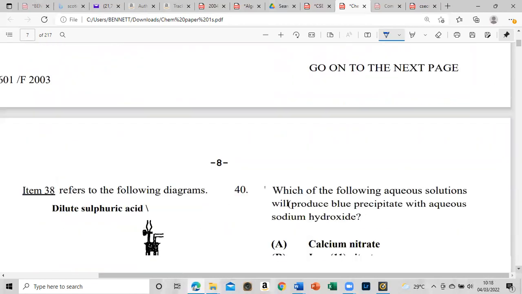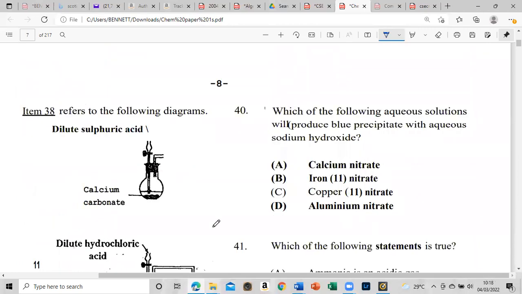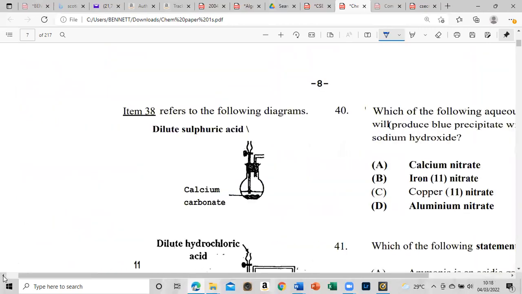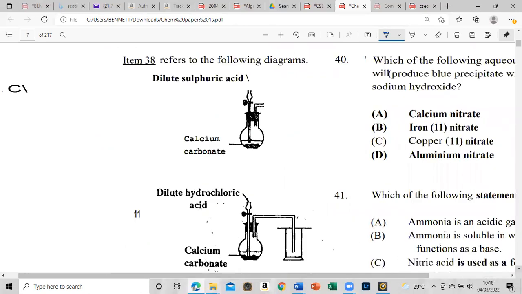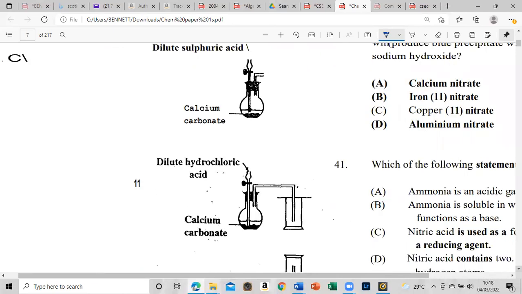Let's move on to 38. This paper is kind of crazy. Anybody see that paper as a stress? All right, so refer to the following diagram of dilute sulfuric acid and carbon. I'm not sure what the question is.